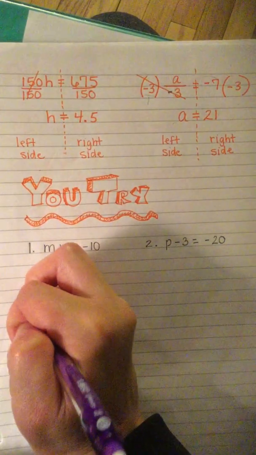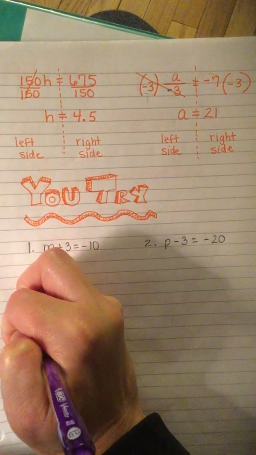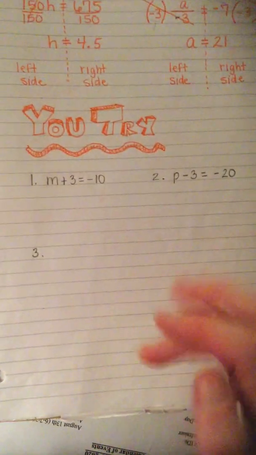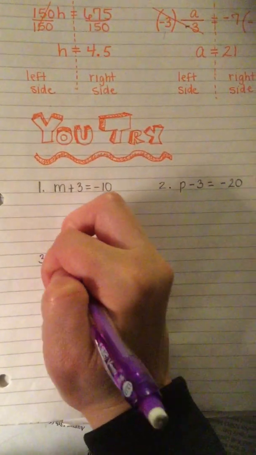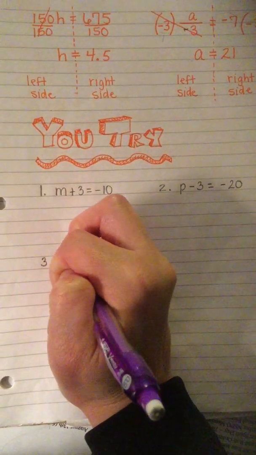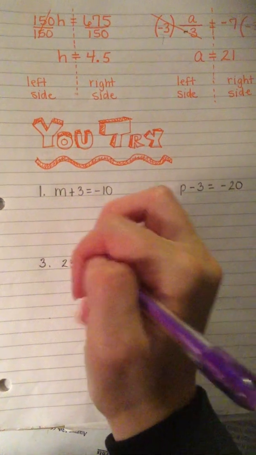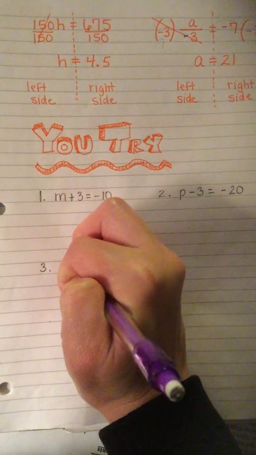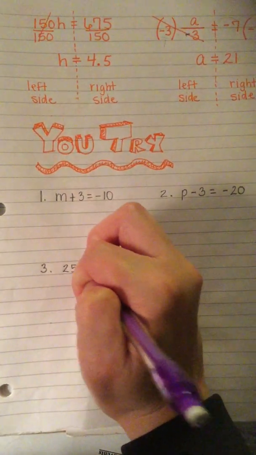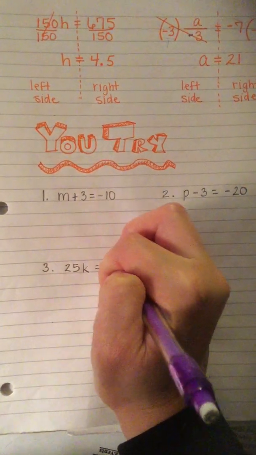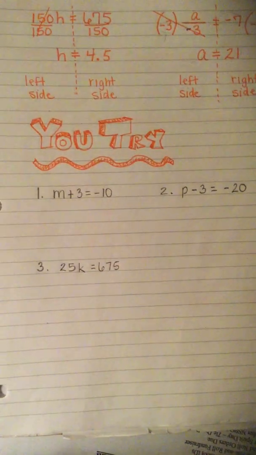The next one I want you to try is 25 times k equals 675.